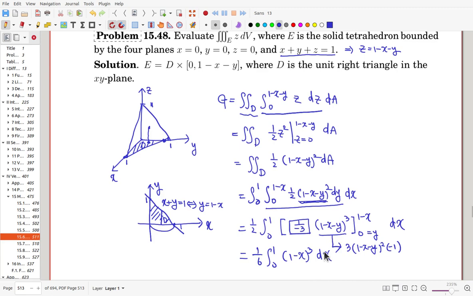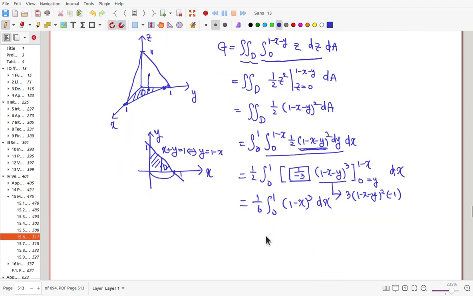So from this one, we can get the final answer. That is 1 over 6, from 0 to 1, and let's get the antiderivative: 1 minus X to the 4, and if we put here a coefficient of minus 1 over 4, then after differentiation this will be cancelled.